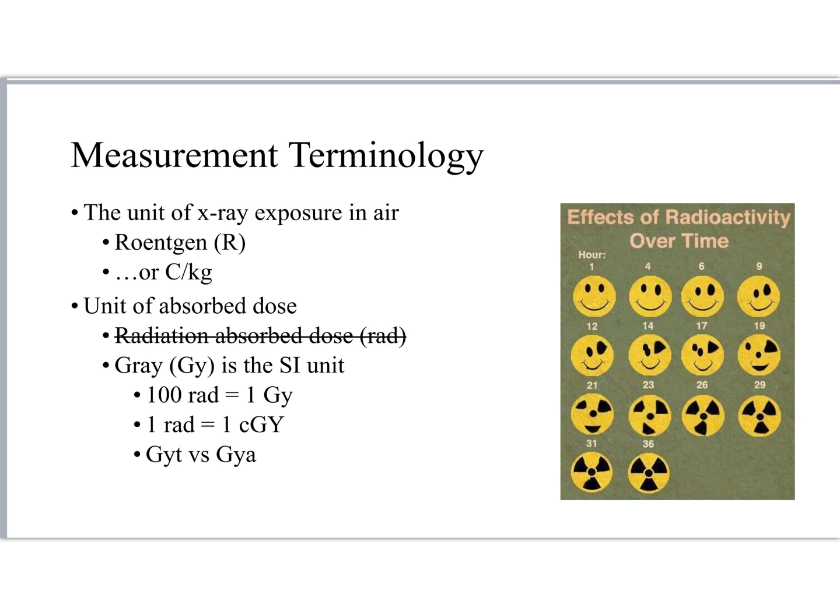And this should be, down here, this should be sub T, so it's generally written gray sub T. And that means gray in tissue, so amount of dose deposited in tissue, versus gray in air. So just another way to talk about exposure. So gray in tissue, talking about dose, gray in air, talking about exposure.